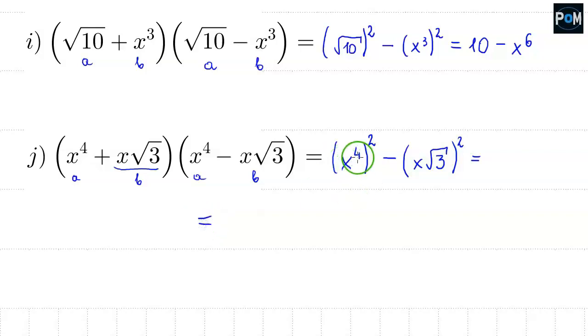Raising x to the fourth and then to the second power, from this I get x to the power of 8. This square must act on x, so it will be x squared. Times the square root of 3 raised to the second power gives me the number 3. And some minor tidying up, we'll put the number 3 before x squared, and that's the result for our example.